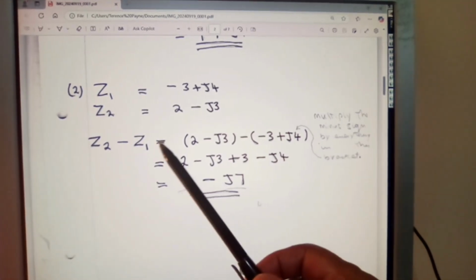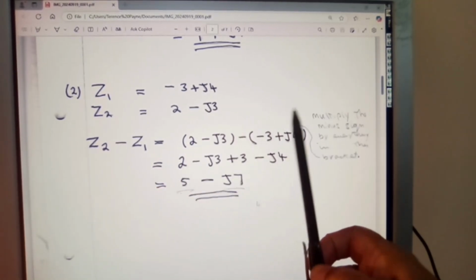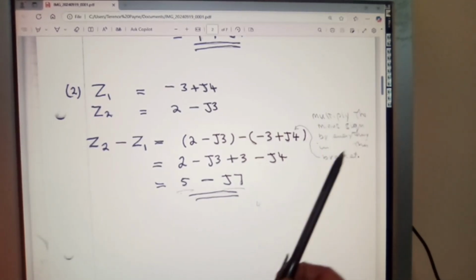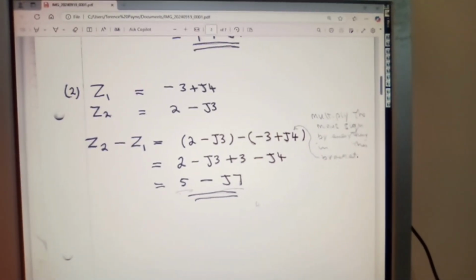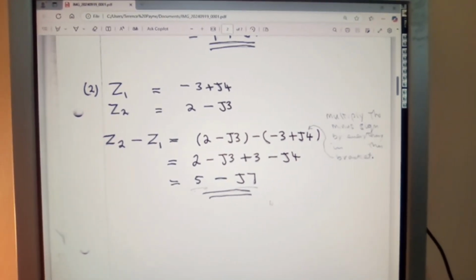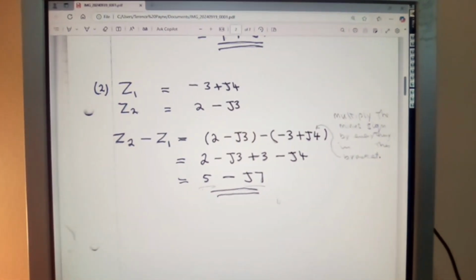See here I'm simply multiplying the minus sign by everything in this bracket. I must have said that for a reason, even though I don't remember now. That's the thing about old age, it catches up on you.